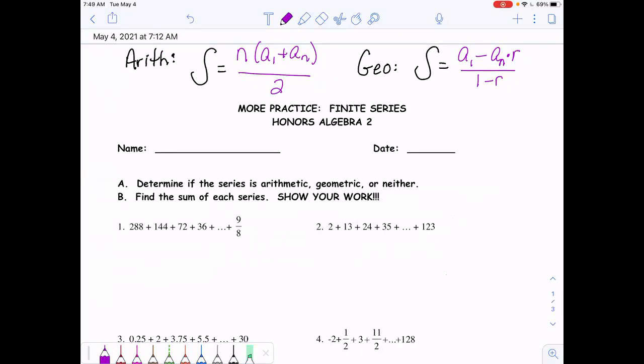So you would just have to literally add all the terms of the sequence together. So if you say one of these are not arithmetic or geometric, you can't use a formula if it's not one of those. So then you're just going to have to add the numbers together. That's the only way to find the sum when it's not arithmetic or geometric.